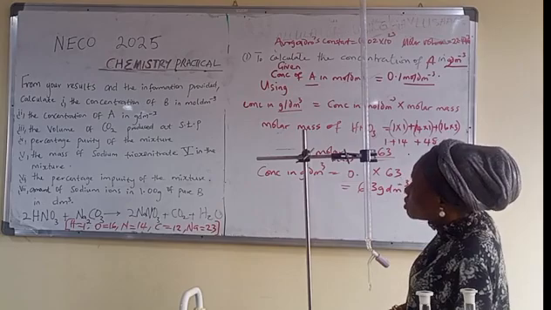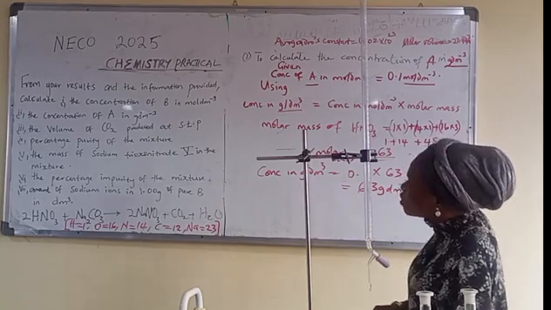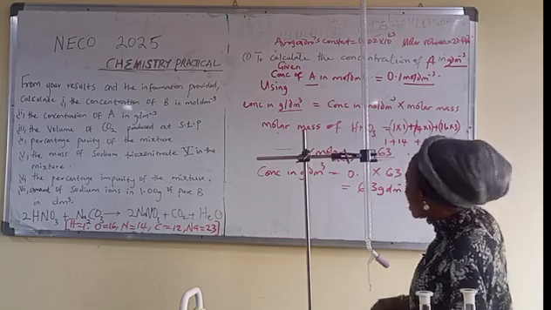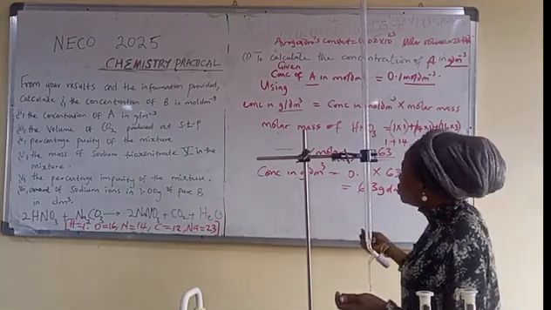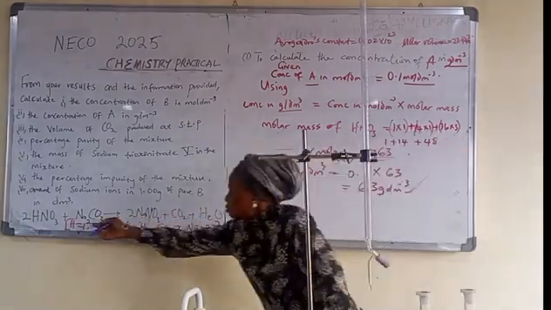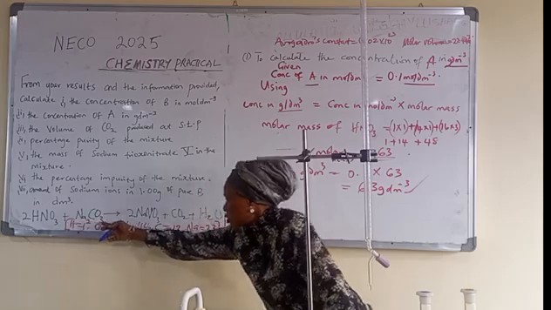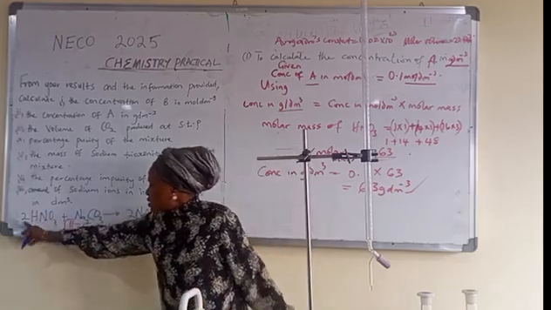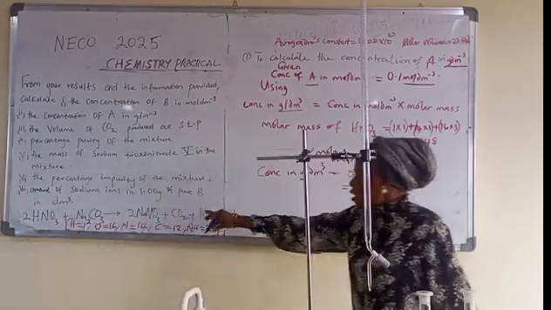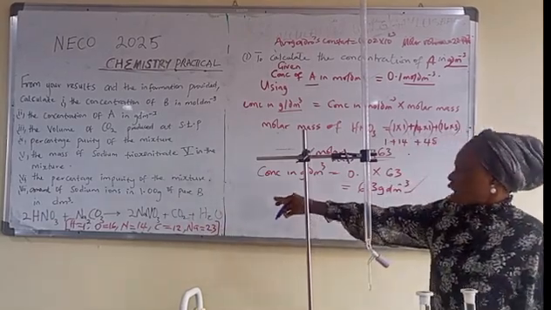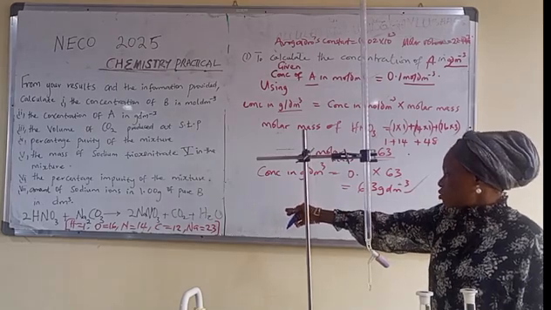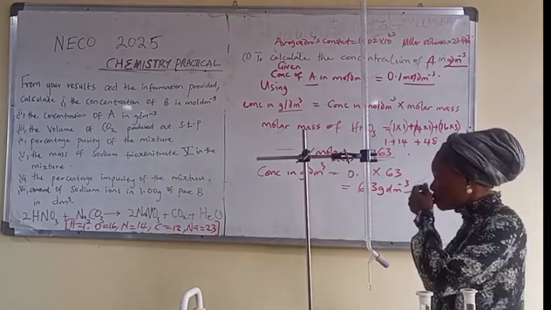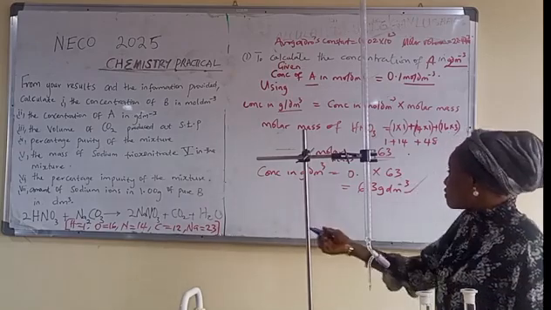Now the third one says we should calculate the volume of CO2 produced at STP. How do we go about this one? You look at your equation of reaction first. You look at the mole ratio, in accordance with Gay-Lussac's law of combining volumes. Although these ones are not gases, it's still applicable to what we have here.